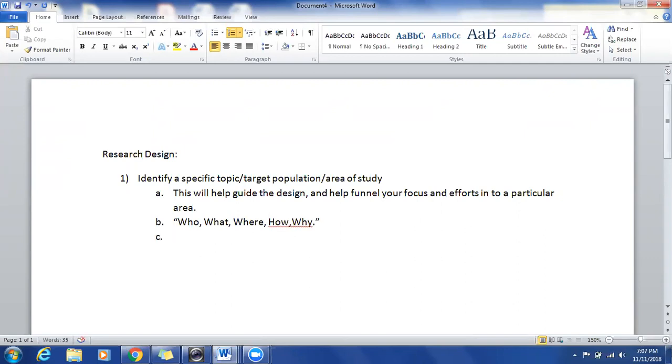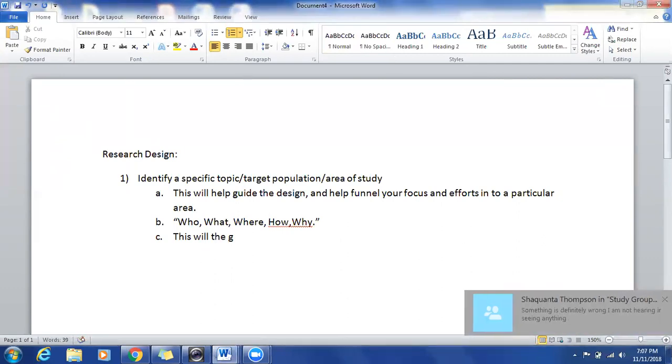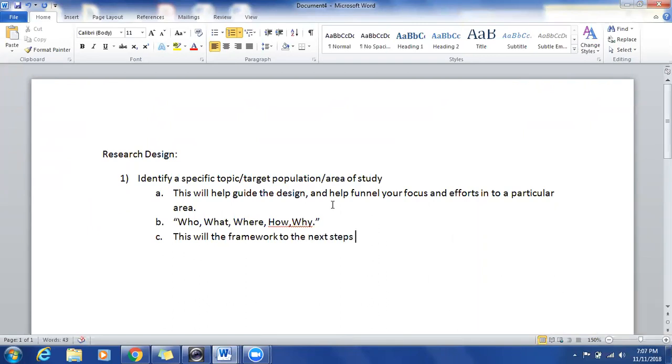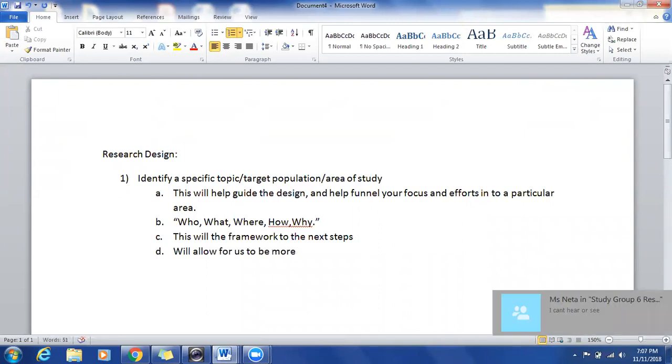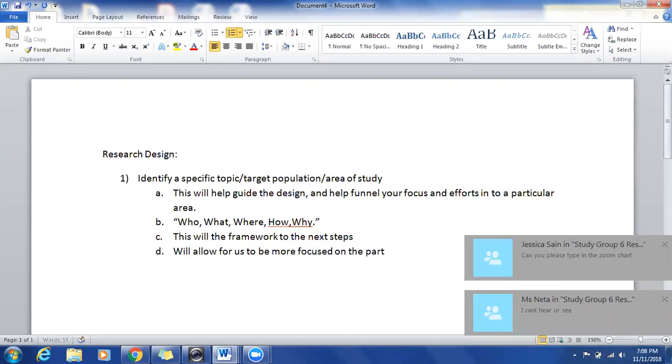This will be the framework to the next step, and once we do this, it allows us to be more focused on the particular area.